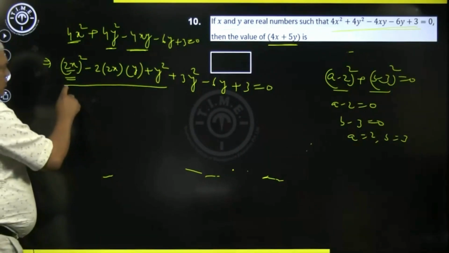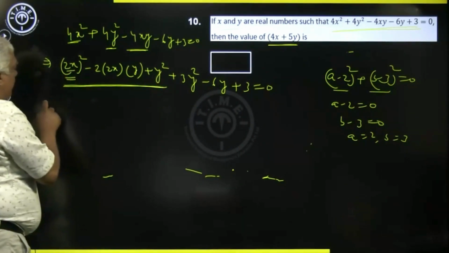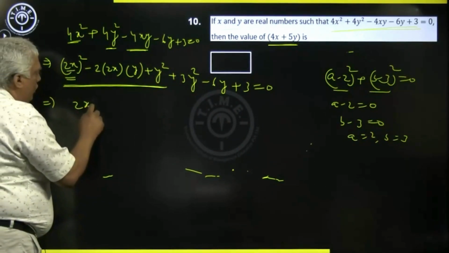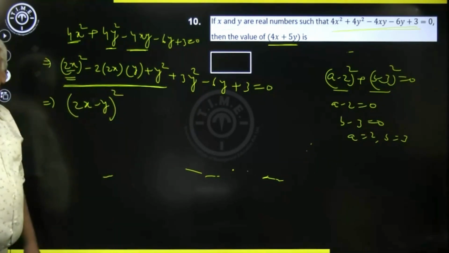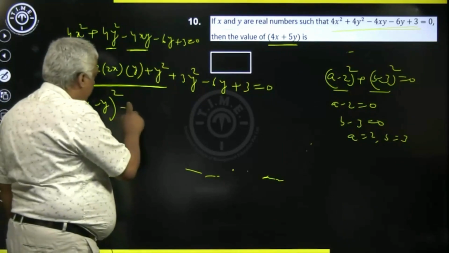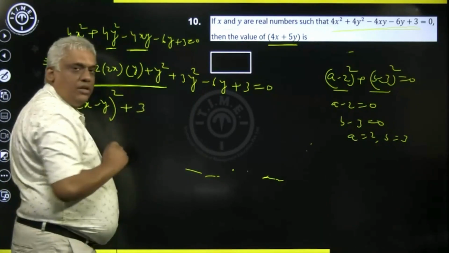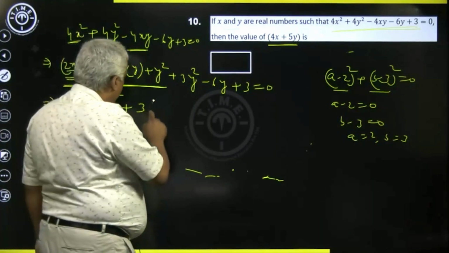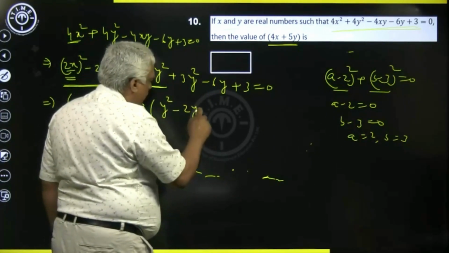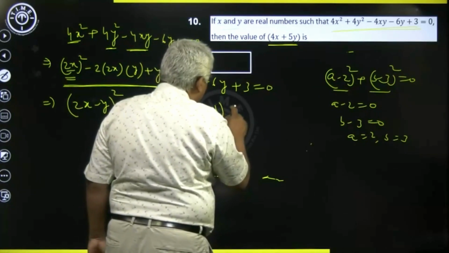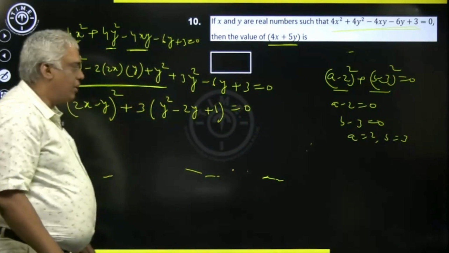Now, the first three terms I can write as (2x − y)², right, it's clear. And now, here I will take 3 common, so this will be y² − 2y + 1.